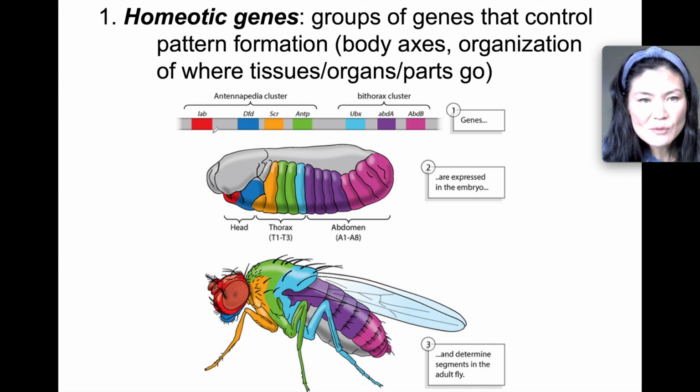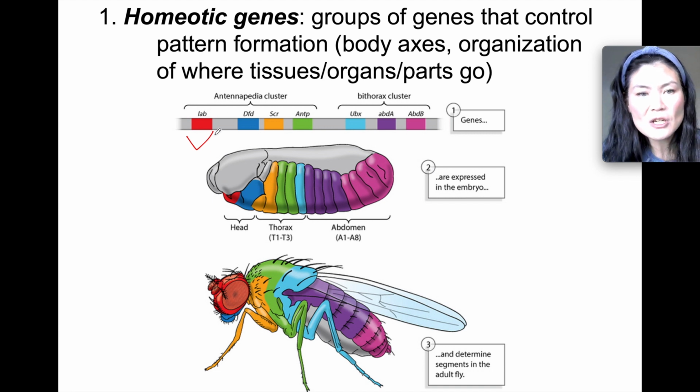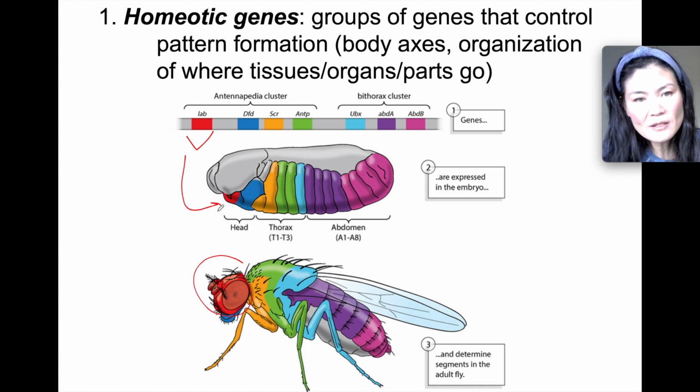Let's say that this gene right here is the LAB gene, which is responsible for making the head. You can see that it's turned on in that body segment of the embryo, which is eventually going to lead to the head.